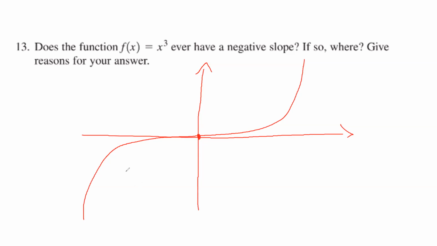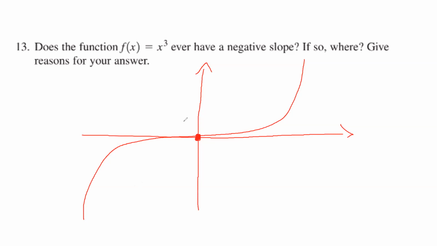And how can you prove this reasoning? The way I would prove it: we have kind of a symmetry here at 0.